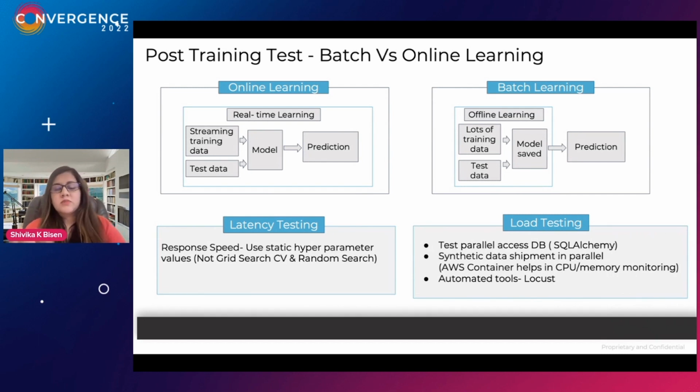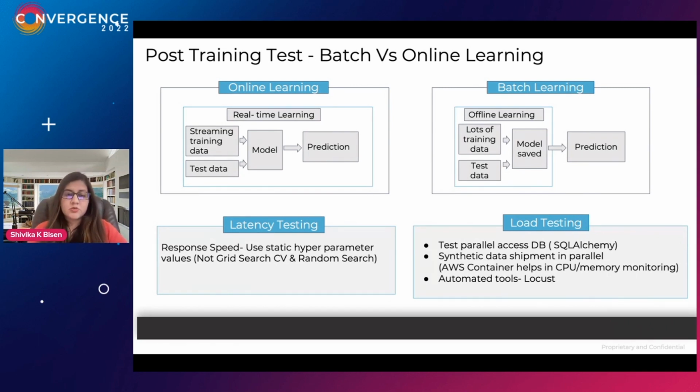This is where load testing is really important. Since a lot of training data is required, we need to make sure that there is parallel access to our database for all of this data. One way to do that is to use SQLAlchemy, which ensures that all of your access to the DB and different DB connections have parallel access.